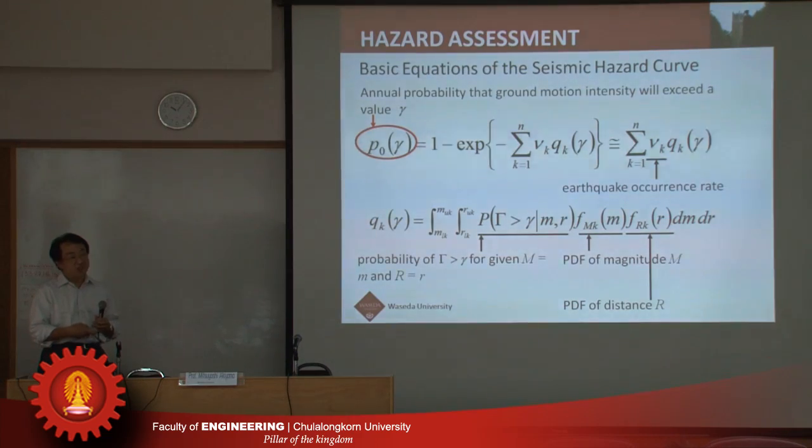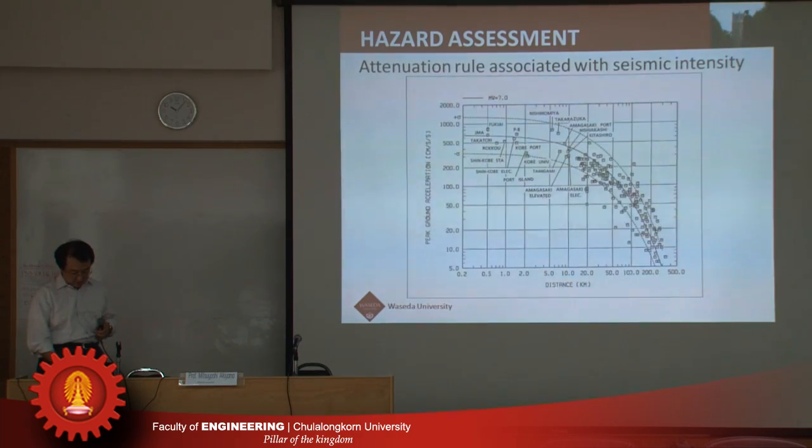Attenuation law means the relationship between seismic intensity and the distance from the seismic source. This is an example of an attenuation law. Peak ground acceleration as seismic intensity attenuates with the distance from the seismic source, like this.